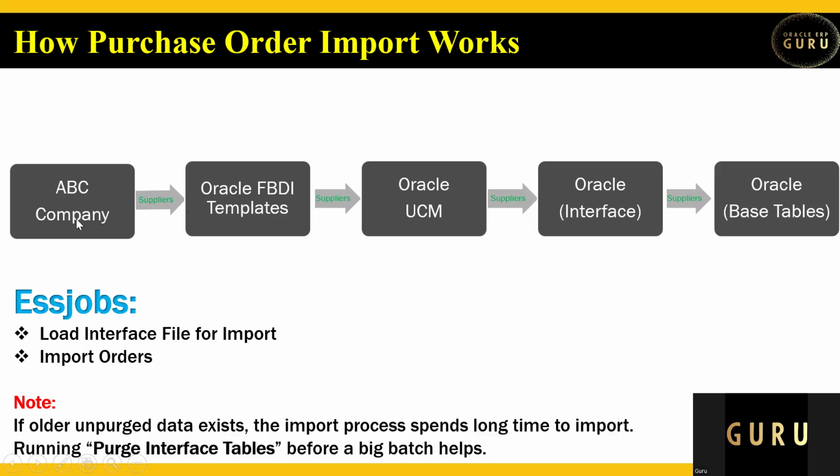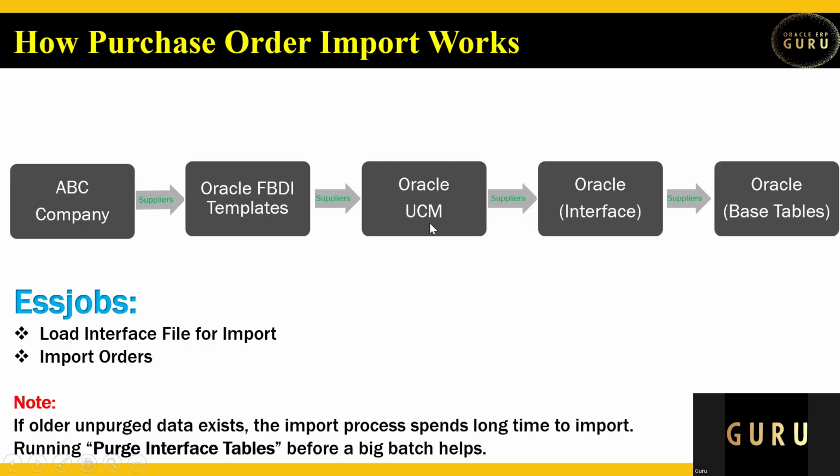So ABC company has, let's say, thousands of purchase orders. All the purchase orders need to be entered into an FBDI template. Once the data is entered into the FBDI template, it has to be imported into the Oracle UCM repository.